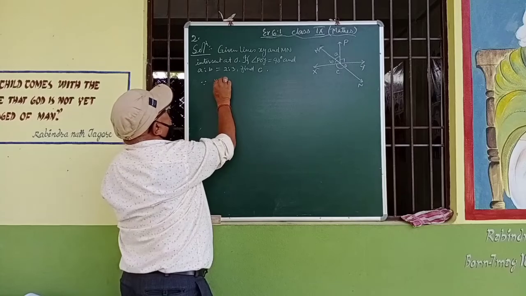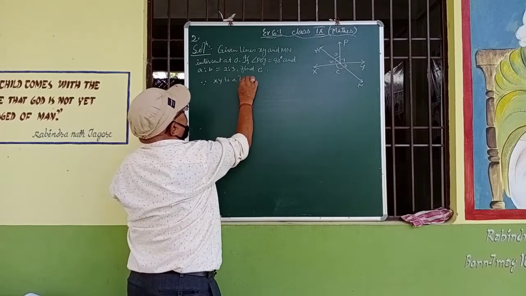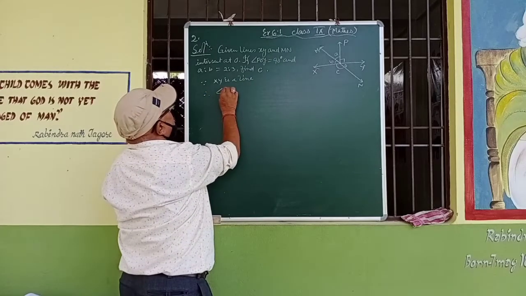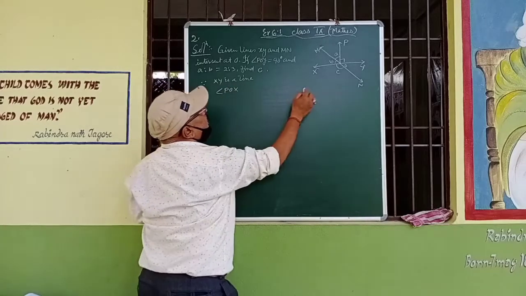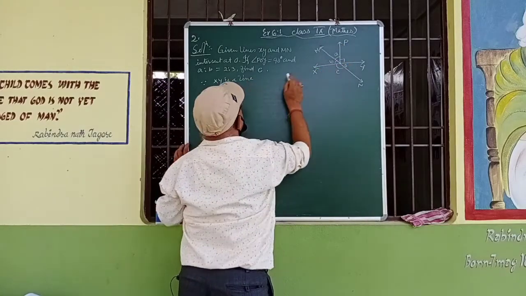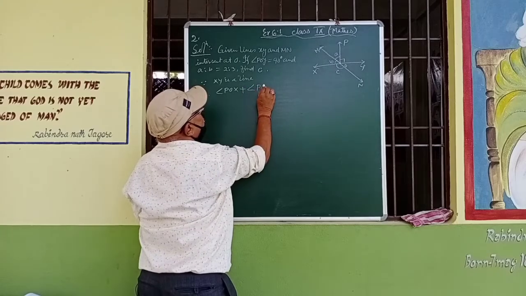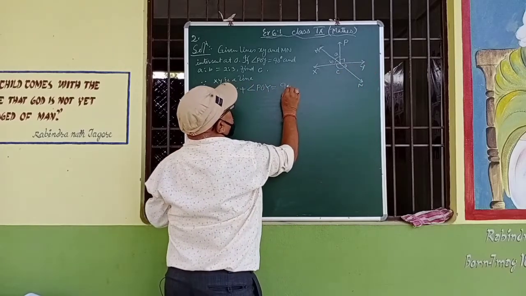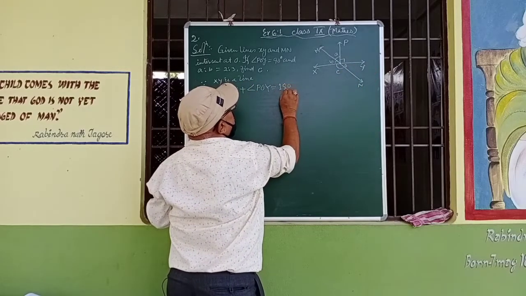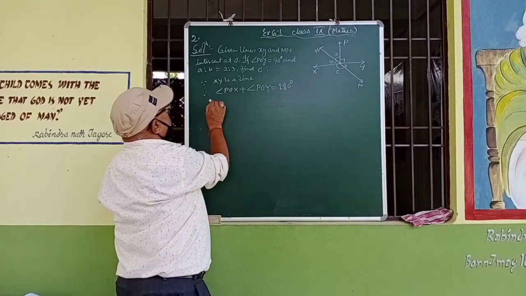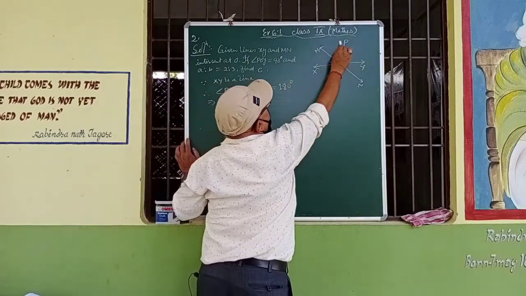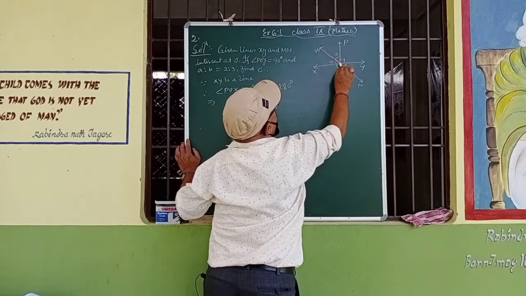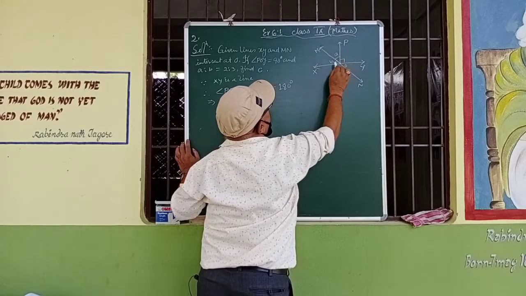So since XY is a line, therefore angle POX plus angle POY is equal to 180 degree. So POX is divided into parts such that POM and MOX.